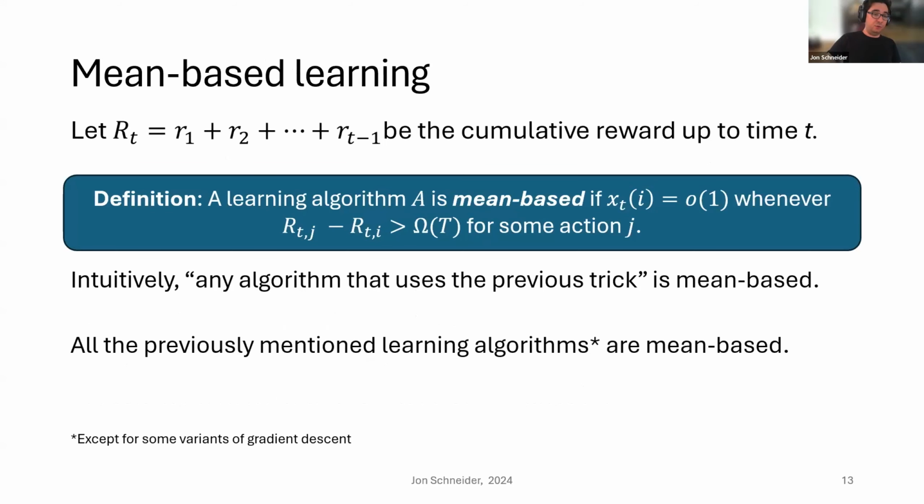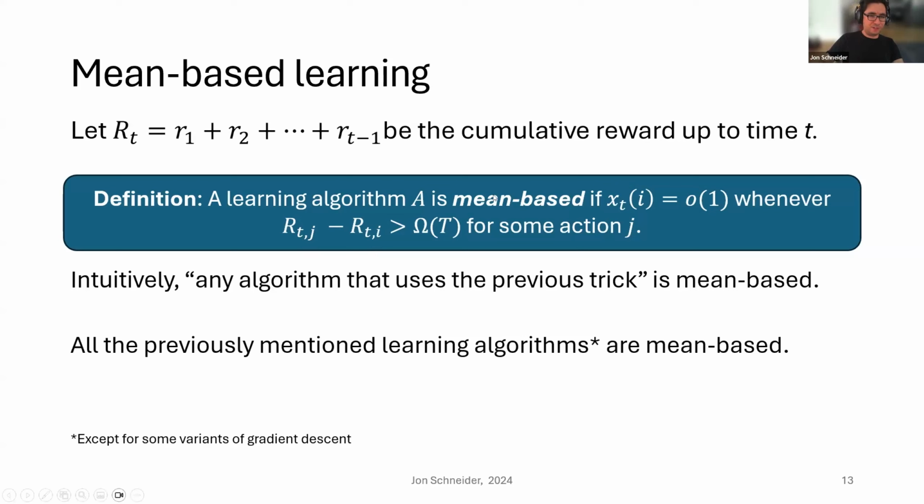And because this is a useful abstraction for algorithms, we give it a name. We call this class of algorithms the class of mean-based algorithms. So formally, let's look at the cumulative reward up to time t. We say that a learning algorithm is mean-based if the probability, the weight the algorithm assigns to action i at time t, is sub-constant. It's really close to zero whenever there is some action which historically dominates action i by at least something linear in t.